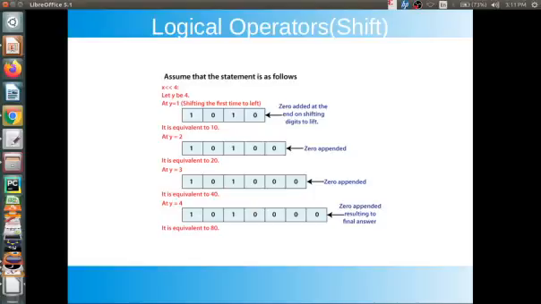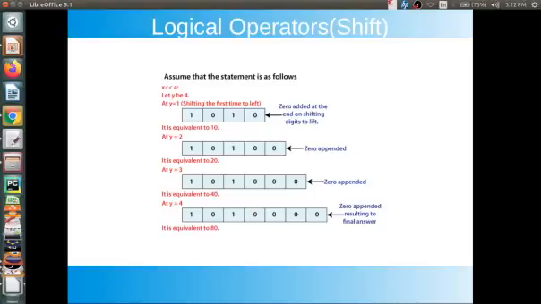Suppose x is an integer and we want to left shift 4 times. That means we write x, the smaller-than character 2 times, and then 4, then a semicolon. So the value of x will be shifted 4 times to the left.